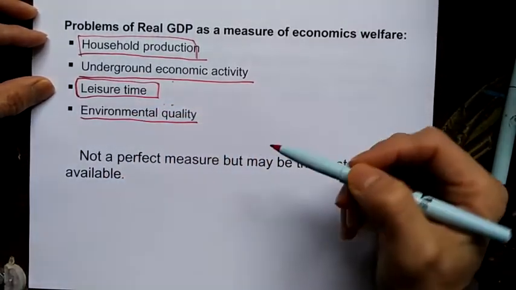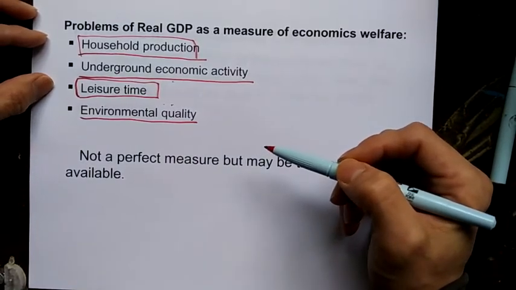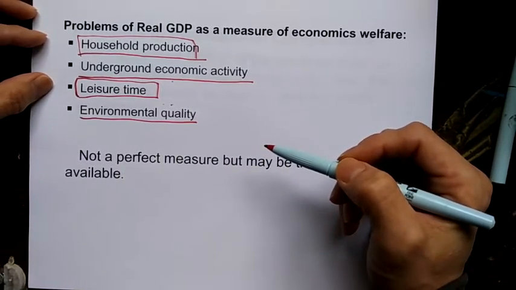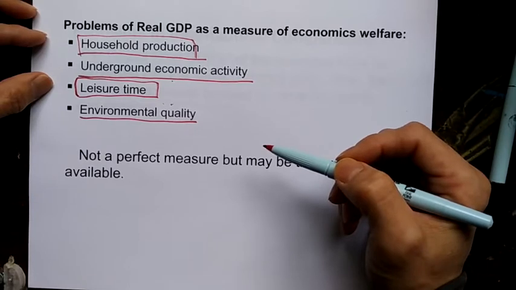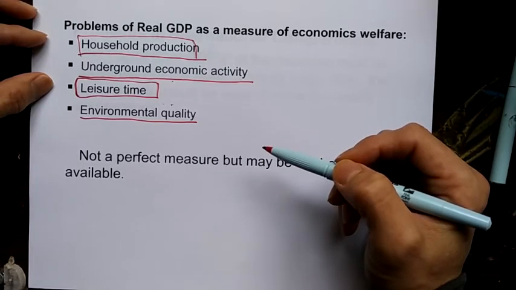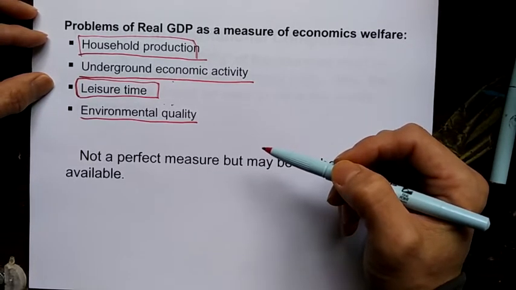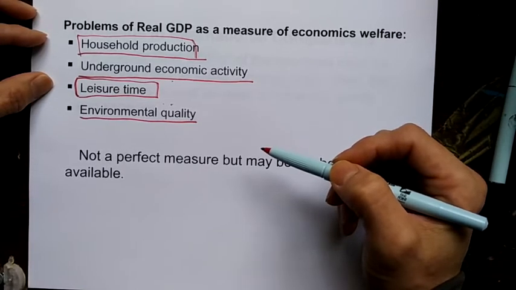Number 4, the environmental quality. The Chinese economy is growing like crazy. But do you like to live in China? Well, the air pollution is very, very bad. But it is not reflected in nominal GDP.